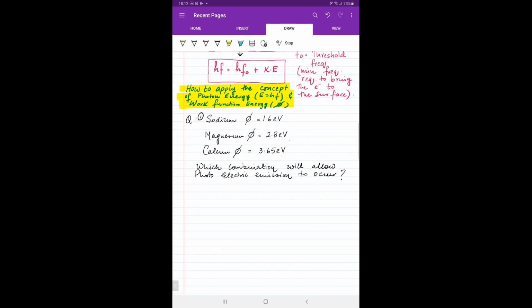Now, let's suppose कि अगर मैं एक red light लेता हूं, मैं उसकी wavelength assume कर लेता हूं 700 nanometers, और मैं ये करता हूं कि मैं तीनों metals को one by one red light के सामने expose करता हूं.